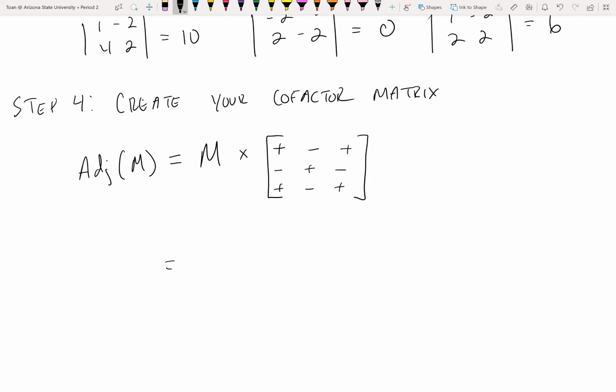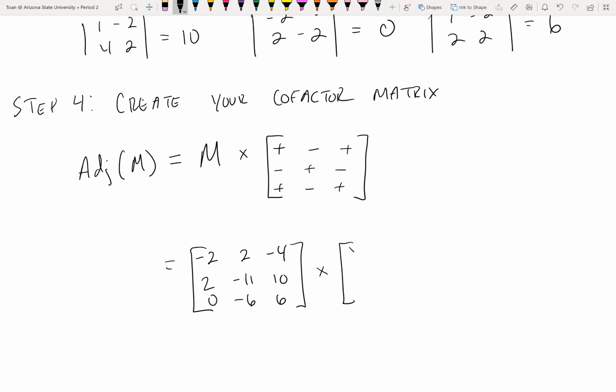So what was our minor matrix? I'm too lazy, I don't want to scroll up. From left to right: negative 2, negative 2, negative 4, 2, negative 11, 10, 0, negative 6, 6. Okay. So what we're going to do is not matrix multiplication. We're just going to do straight up corresponding multiplication.